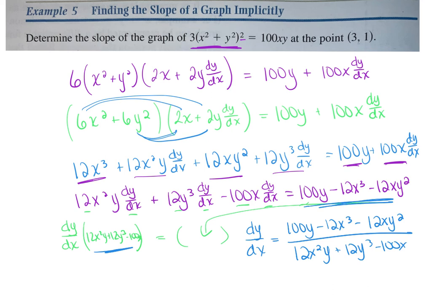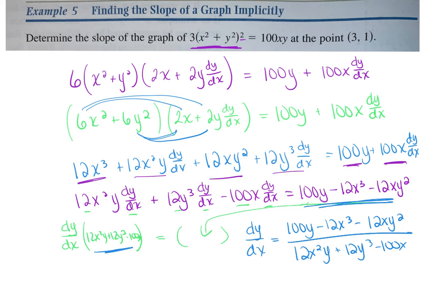So it doesn't matter that it's complicated looking. You're doing basic algebra. You are distributing, you're foiling, you're factoring out. That's all you're doing. Your goal is to get dy dx by itself. For all implicit differentiation, your goal is to get dy dx by itself. All right? It doesn't matter that it's huge or anything else.